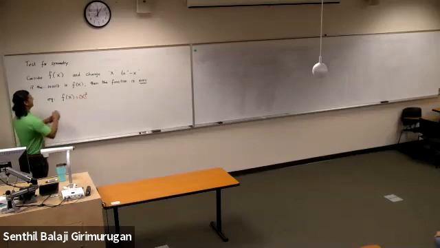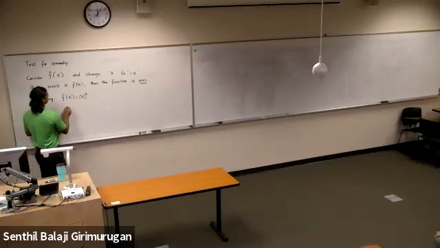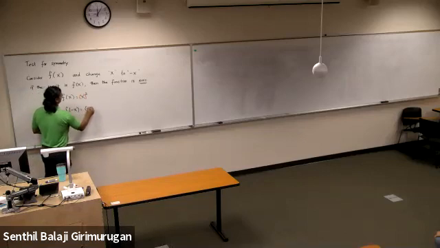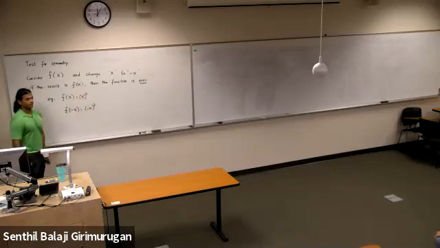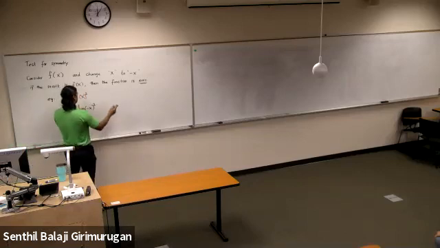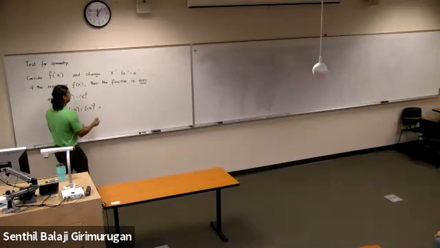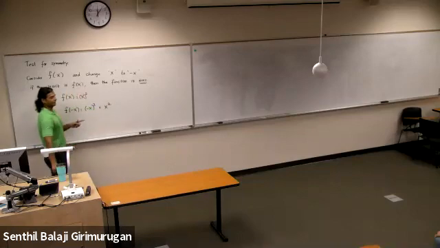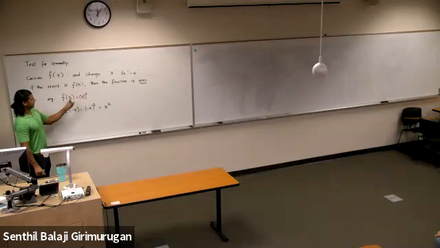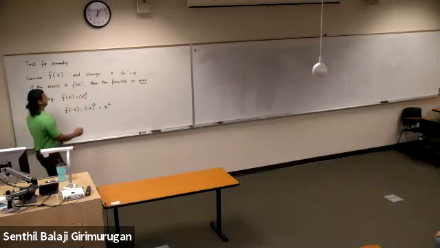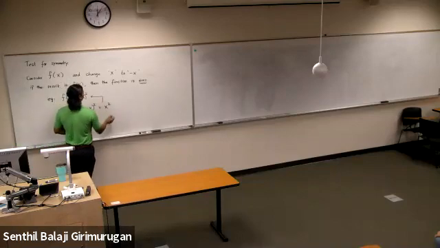So now you're going to replace x by negative x. What would happen to that negative? It'll turn to positive. In other words, it's going to go away because negative 1 squared is positive 1. So we would simply have x squared. Isn't that the original function? So the function is even.